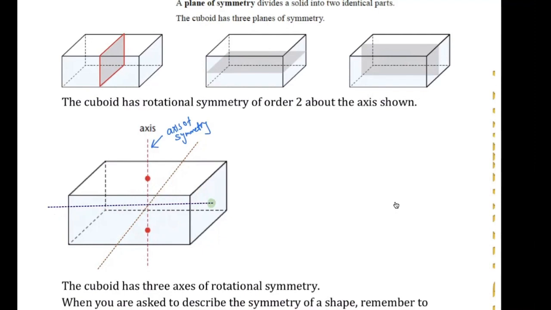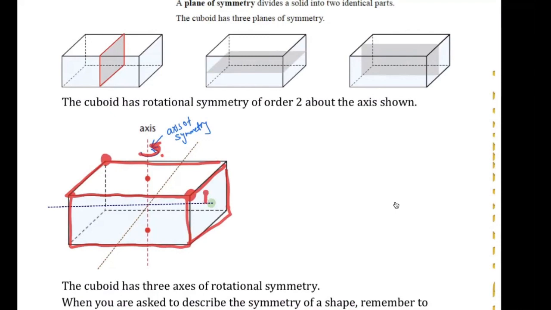Now for any axis of symmetry, what is going to be the order of rotational symmetry? When you visualize this 3D shape and turn it 180 degrees, this point is going to go over here.